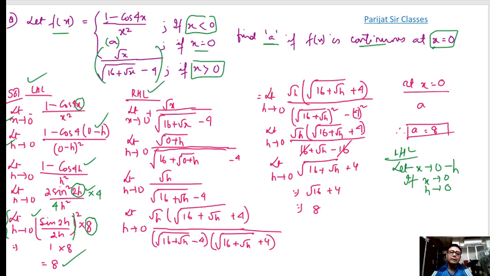Now come to the right hand limit. In the right hand limit, what will we check? Let x tend to 0 plus h. If x tends to 0, h tends to 0. So putting it here, x tends to 0, h tends to 0.